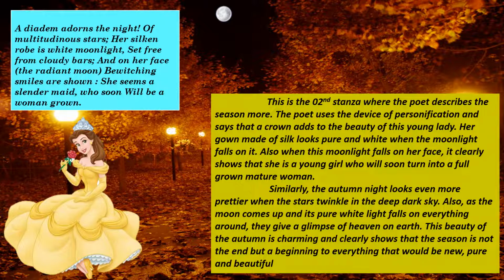So along with the twinkling stars, when the moon comes up in the dark sky and its pure white moonlight falls on everything present on the surface of the earth, the surroundings give a glimpse of heaven on earth. They look very heavenly, very divine.